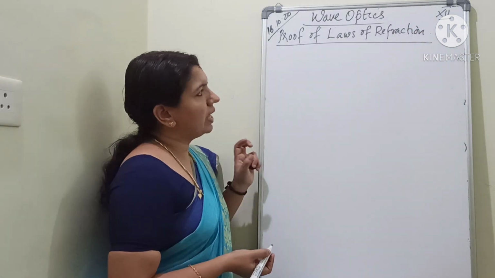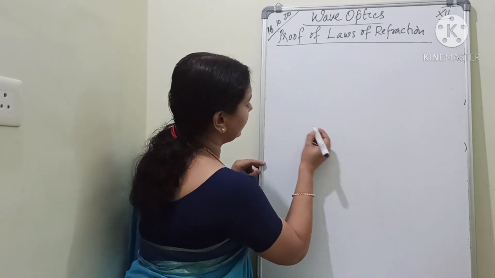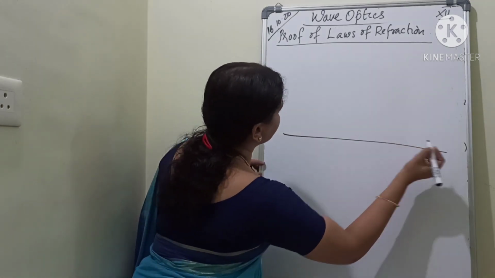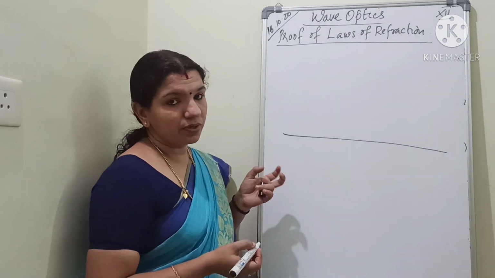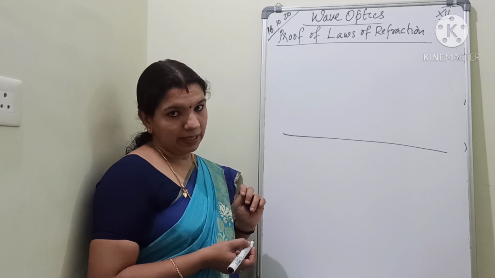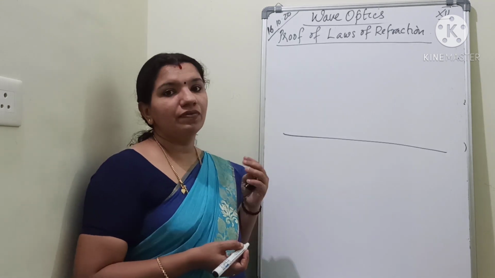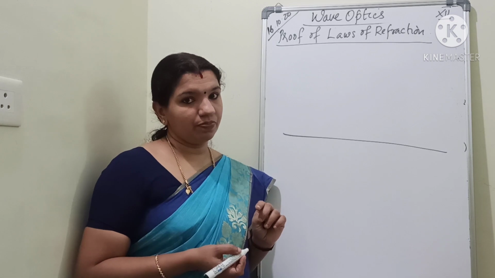Okay. So for that I am considering a boundary between two media. As you know, refraction means the bending of light when light travels from one medium to the other medium. So in two media, the light will have different speeds, isn't it?